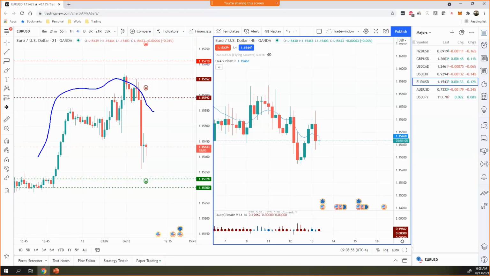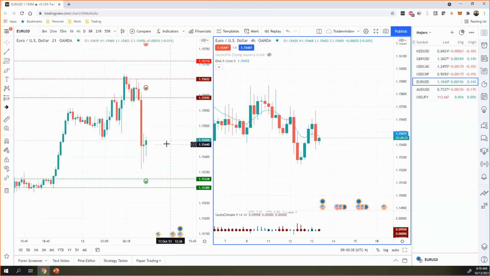So now the question is this: how do we know that this is going to be a proper trade? How do we know that this exact setup here will work? Well, number one, we look at probabilities, and probabilities are in our favor that this would work. The other thing is, let's say price retraces all the way up to this 155.93. As price travels up, the moving average goes up as well.